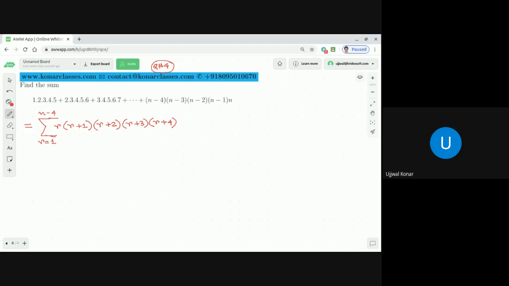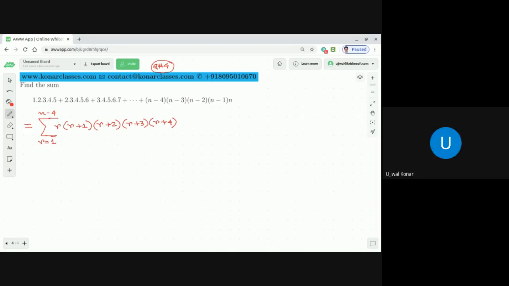So now once you have fully understood this, I'm just going to work on this, because in simple terms it is very difficult to perform that sum, because here it is r power 5. If you multiply all these things, it is a polynomial of degree 5 in r.